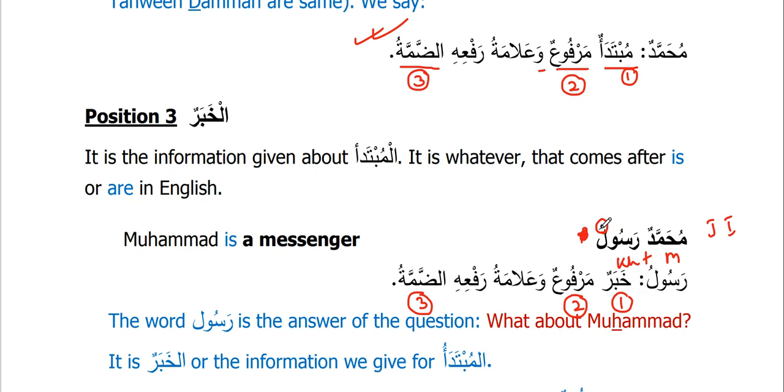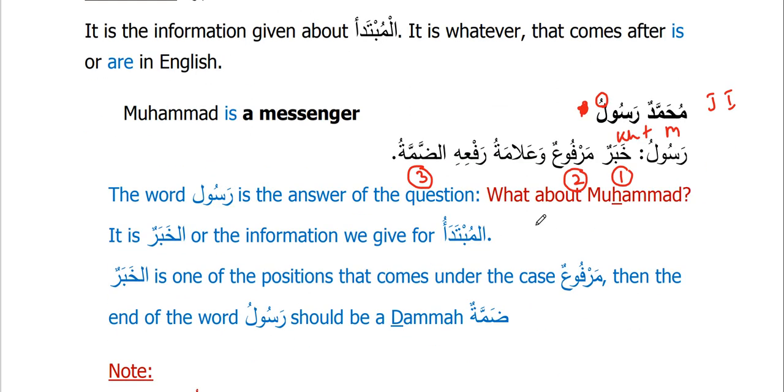So this is how you explain the i'rab. And now they have just clarified why there is a single haraka. As I told you, they should have taken another example, but you don't have to get confused here. Just take it as a khabar for now. As you are all beginners, you don't have to go into that much detail right now.